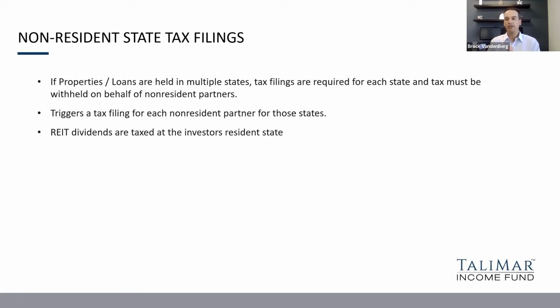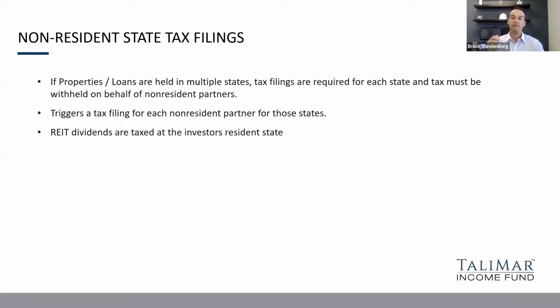Well, if I'm a mortgage fund, I technically have to be filing tax statements in each one of the states that I'm lending in. That's income generated in each one of these states. Those tax filings then get pushed along to the investors in the fund.